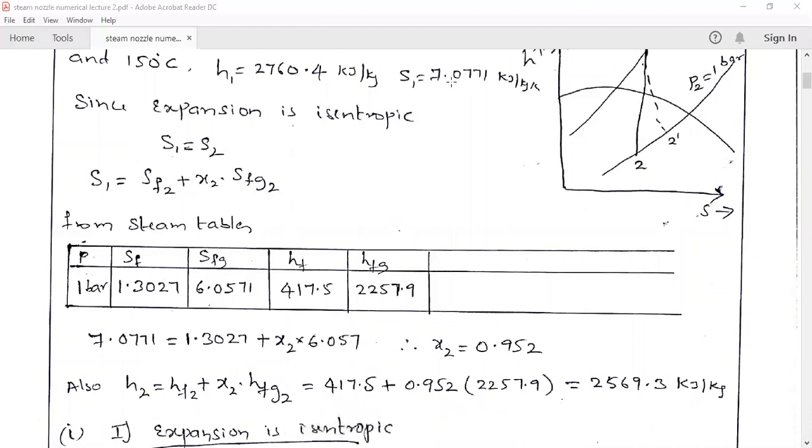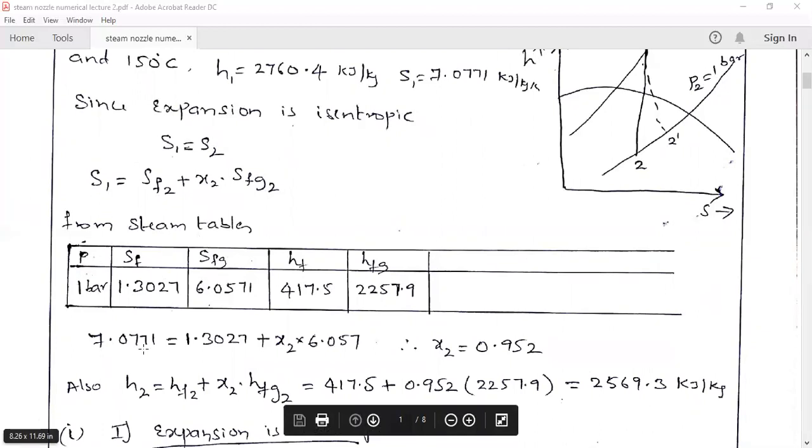S1 is in the superheated region, so it is 7.0771. That will be equal to SF, that is 1.3027, plus X2 into SFG2, 6.057. Get the value of X2. That means X2 is the dryness fraction of the steam at the exit of the nozzle.